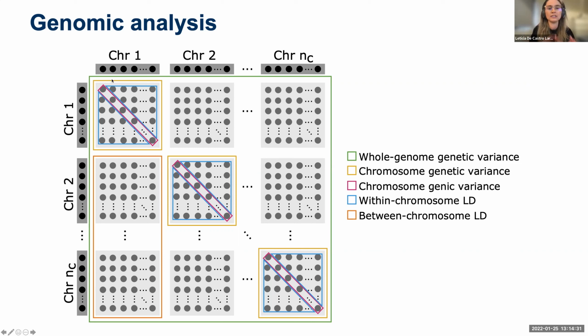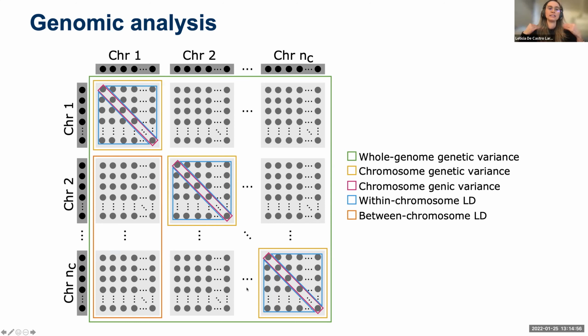So each dot here is a locus in the genome. And we have the whole genome genetic variance in green. We can partition this genetic variance into chromosome genetic variance plus the between-chromosome linkage disequilibrium here. So it's in yellow and in orange.